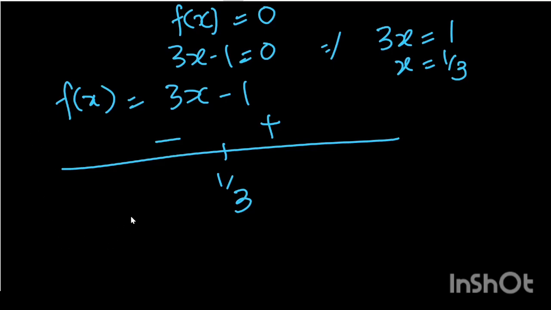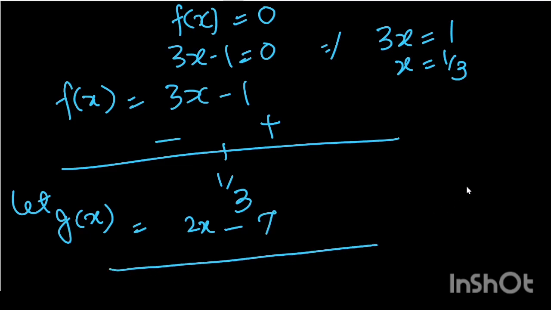Similarly, if I take another example, let's say gx is 2x minus 17. In the similar way, if I plot, 2x minus 17 vanishes at x equals 17 by 2.